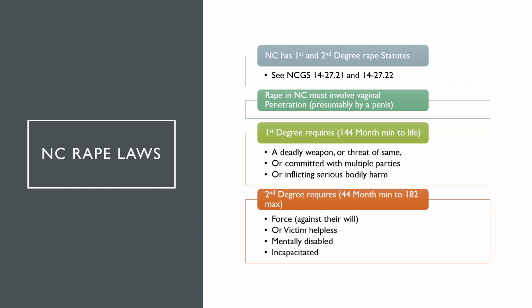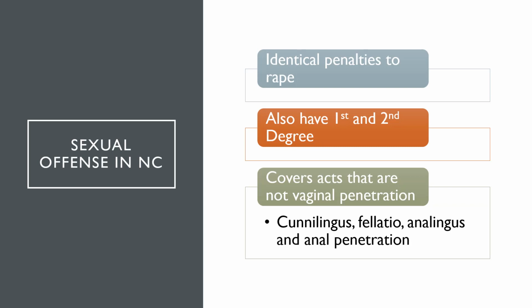Now, as I said, there's a lot of other sexual contact, sexual relations, as your book talks about it, that don't fit into vaginal penetration. So we bundled them all together in North Carolina under sexual offense. So sexual offense in North Carolina is identical in its penalties, but it simply covers the other actions.